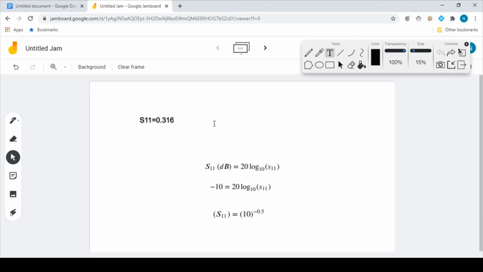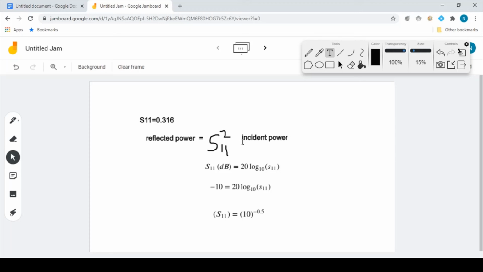So that means the reflected power is equal to S11 square into the incident power, right?